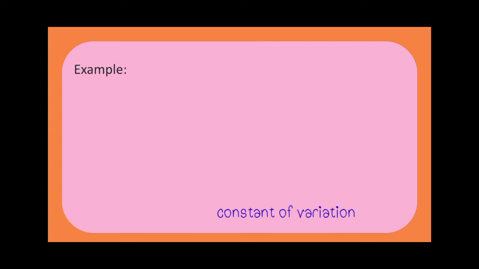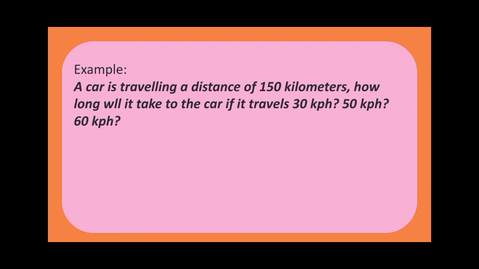And for our last example for today's topic, which is the inverse variation, we have a car traveling a distance of 150 kilometers. How long will it take the car if it will travel 30 kilometers per hour and 50 kilometers per hour, and the last one is 60 kilometers per hour.